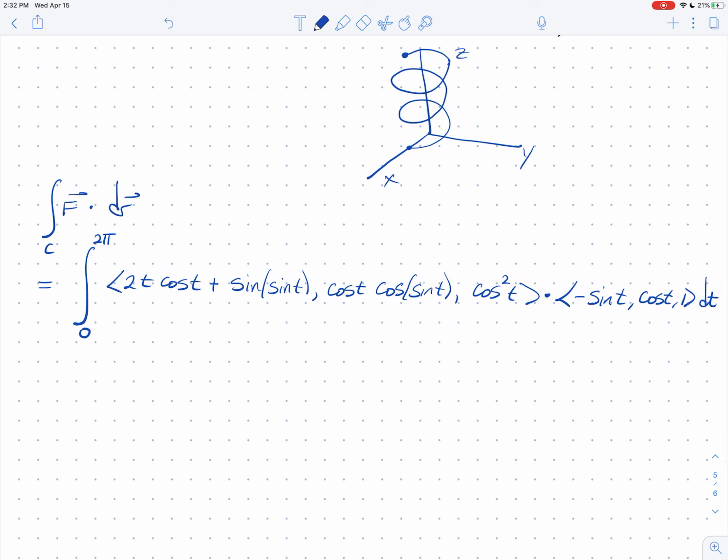If I wanted to, I could compute the dot product, but I really don't feel the need to. You're going to get something very, very horrible. It's not just horrible in the sense of a little integration by parts with a t and a cosine t, or products of sines and cosines. There's actually sines of sines and cosines of sines, and this is going to be a nightmare. So if you forgot about all the theory and tried this directly, I really want you to recognize that it's a really horrible problem.